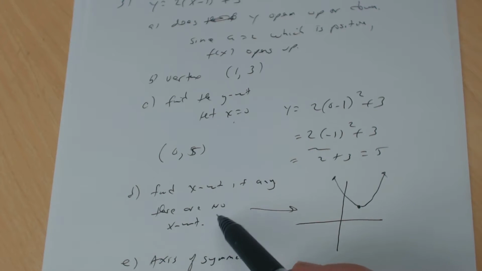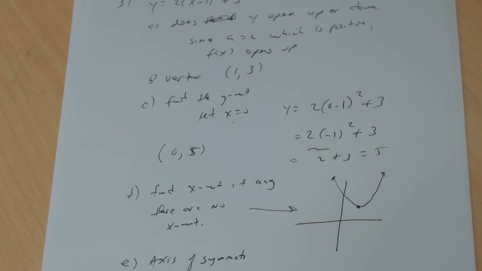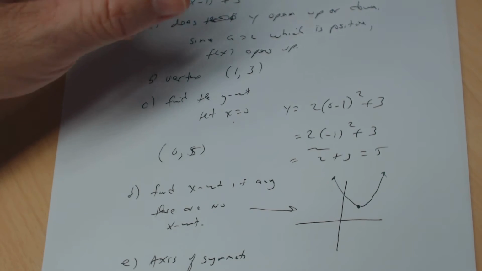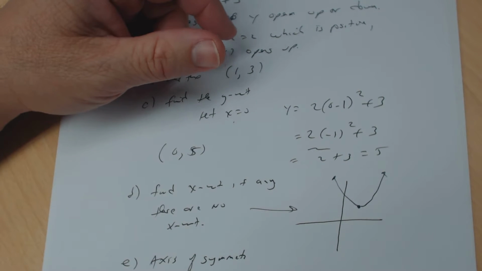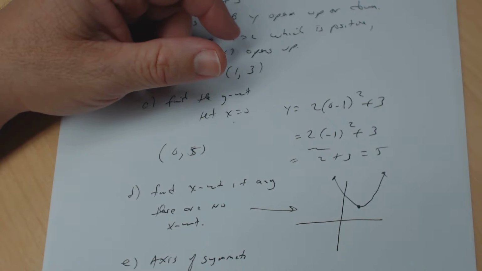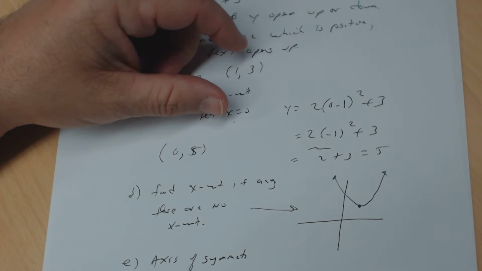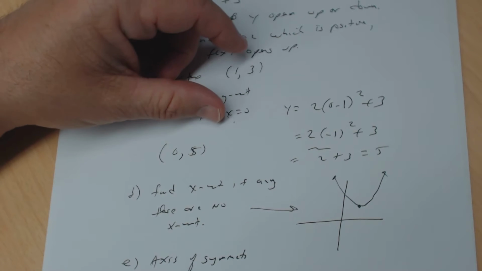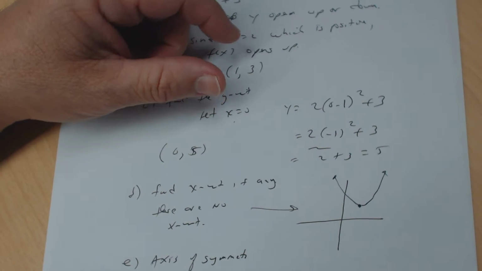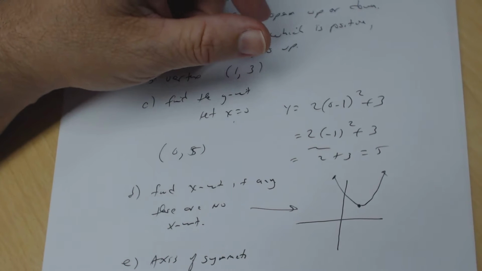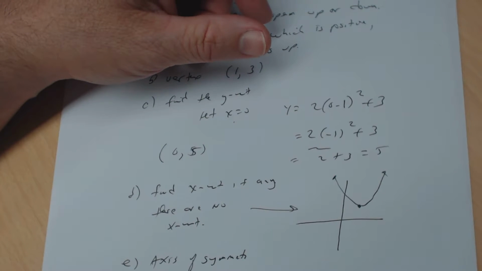So the x-coordinate of the vertex is 1. So x equals 1 is your axis of symmetry. All right, so then F, you're going to graph. And then G, you want to find the domain and range. And then H, you want to determine is the vertex a max or min.